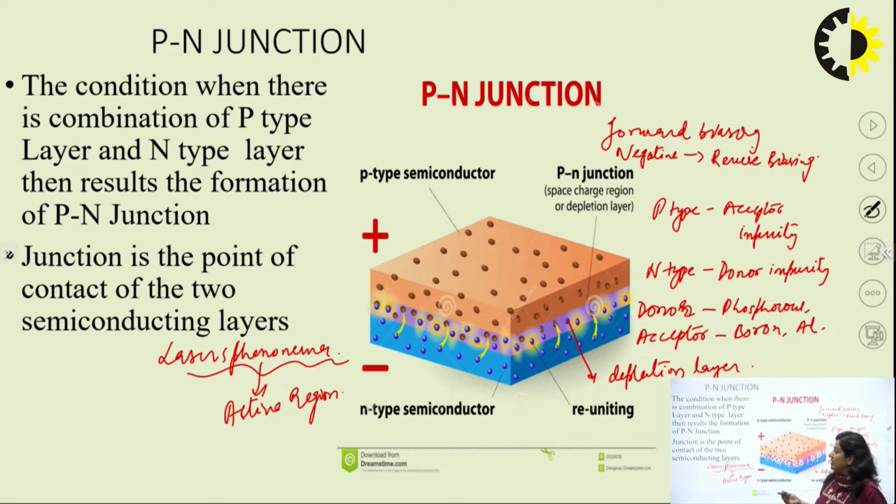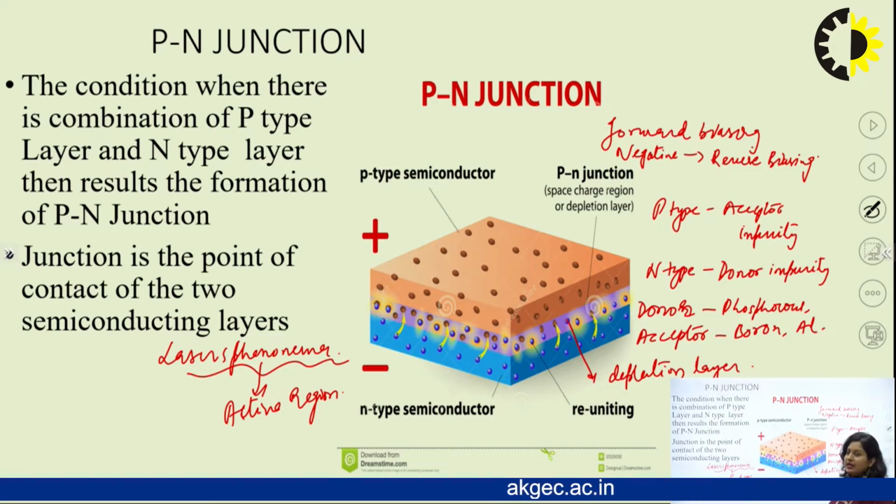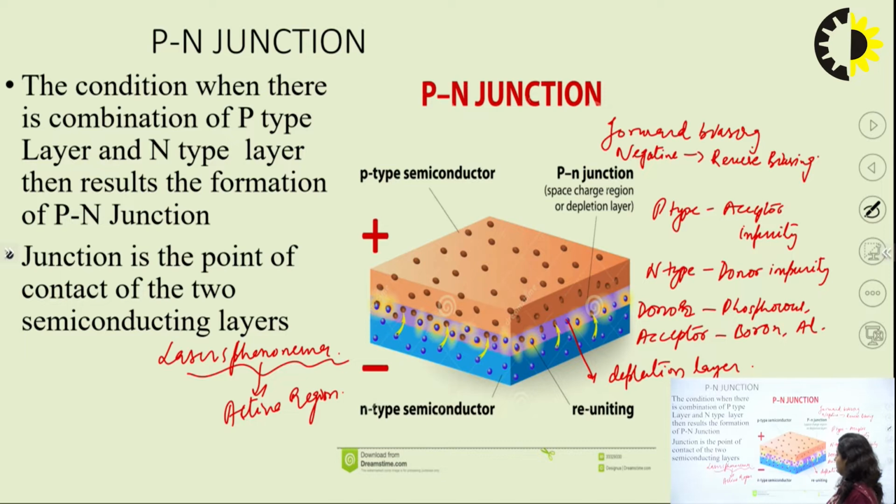In the last lecture we saw how electron hole pair generation or recombination occurs. Whenever there is recombination of the electron hole pair, there is emission of light, and when there is generation of electron and hole pairs, electrical charges form and electricity flows.